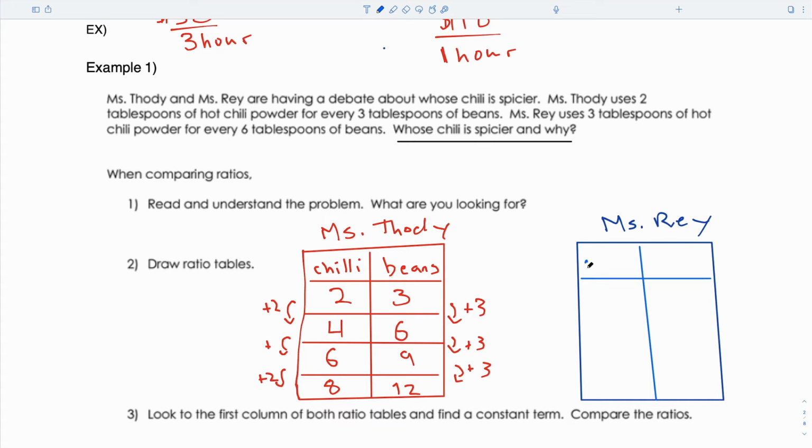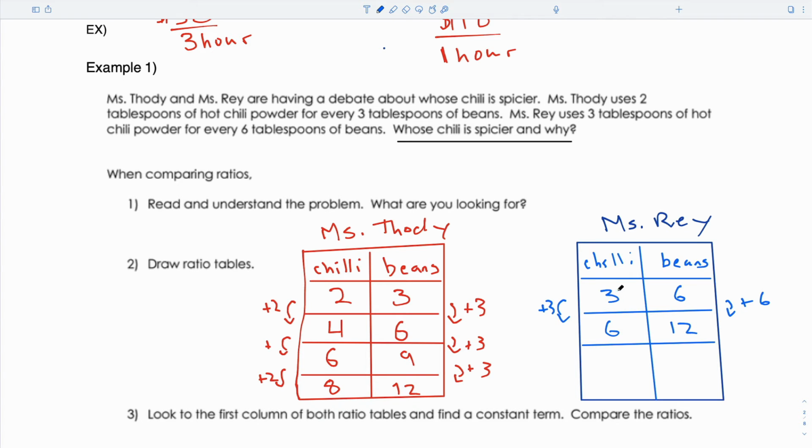Label this chili again. And beans. Miss Ray uses a different ratio. She has 3 tablespoons of chili powder for 6 tablespoons of beans. So we're going to add this column and make some more ratios. 3 plus 3 is 6. 6 plus 6 is 12.